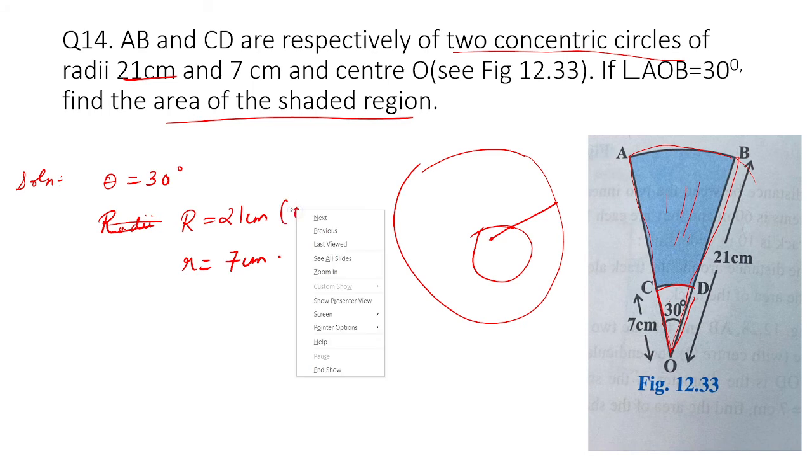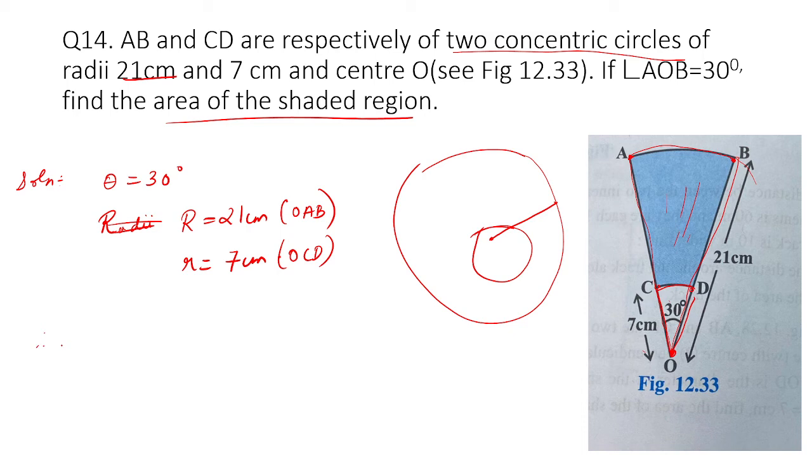Let's just say for O, A and B, that is the bigger radius, and for O, C and D, this is the smaller radius.